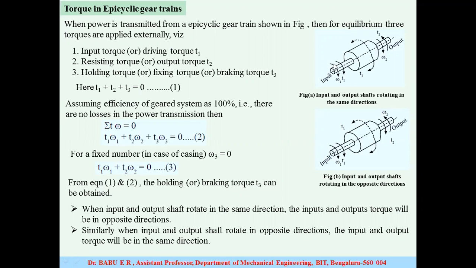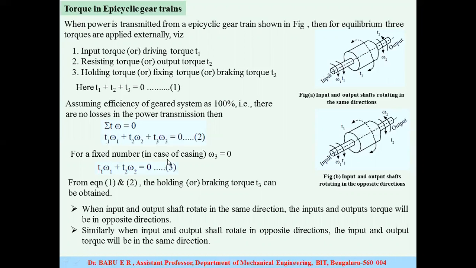This is the input shaft, it will rotate at angular speed of omega 1. The output shaft will rotate at angular speed of omega 2. And this is the holding torque, so it will rotate at an angular speed of omega 3. So T1 omega 1 plus T2 omega 2 plus T3 omega 3 is equal to 0, called equation number 2.